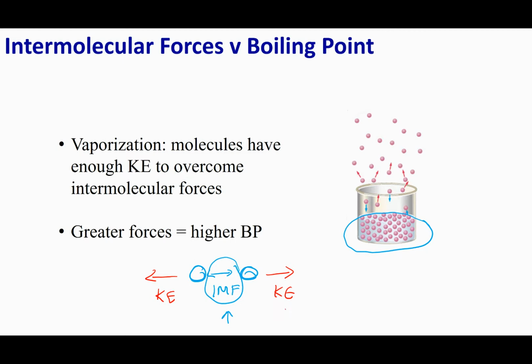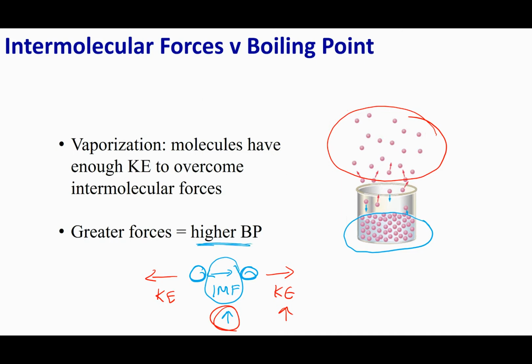On the other hand, if my kinetic energy is so great, then no matter the stickiness, the vibration of these molecules is so great, they're going to force these molecules apart and they're going to go flying off in every direction, meaning they will not stick together and they will behave more like a gas. So this conflict is going to give rise to a bulk property, namely the boiling point.